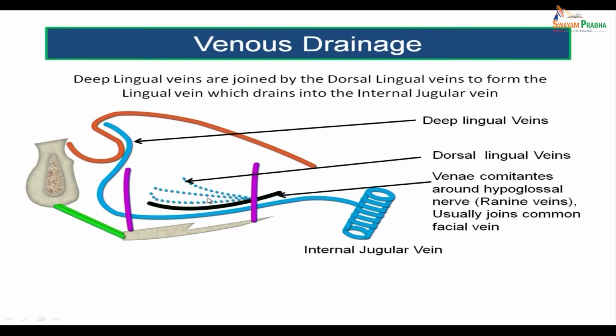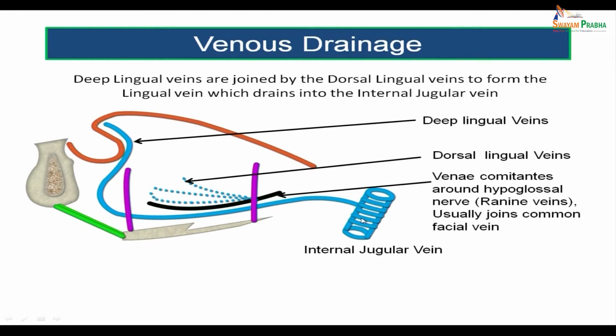These are called venae comitantes of the hypoglossal nerve, and they form an anastomotic channel, and usually they join the common facial vein, but sometimes these venae comitantes can join the lingual veins. The venae comitantes are also called the ranine veins. There is a special name for them, ranine veins.